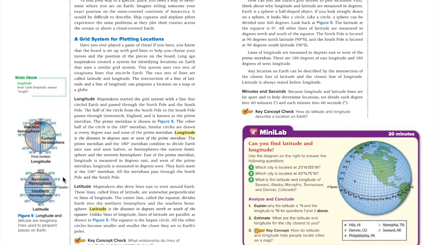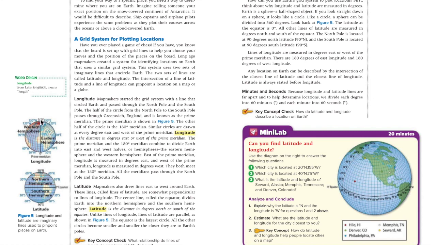East of the prime meridian, longitude is measured in degrees east, and west of the prime meridian, longitude is measured in degrees west. They both meet at the 180-degree meridian. All the meridians pass through the North Pole and the South Pole.